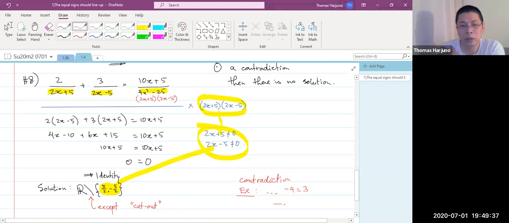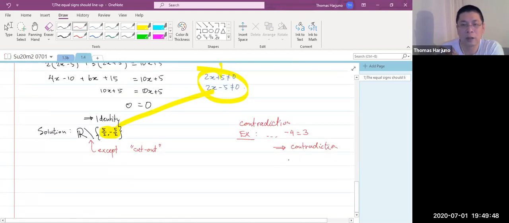When you see a contradiction, you first say it's a contradiction, which means there's no such x to satisfy. You will say either no solution, or the solution is the empty set.